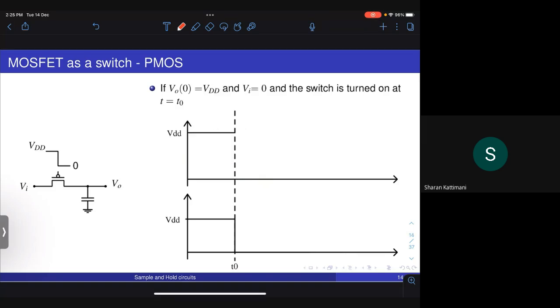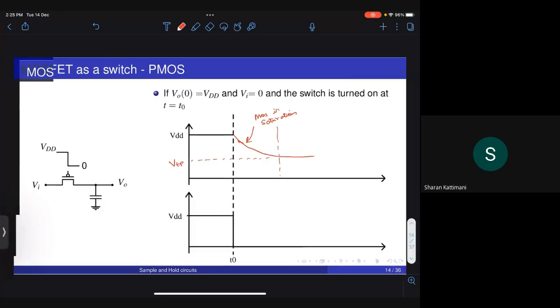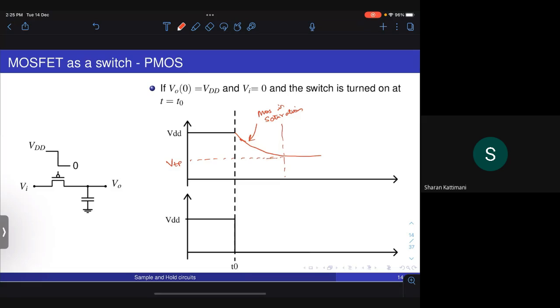In the case of a PMOS discharging an output from VDD, initially the transistor will be in saturation, and the output will discharge only until VTP, where the MOS is in saturation. The curve is exponential even though it acts like a current source, because the value of the current keeps reducing as the output discharges from VDD to VTP.